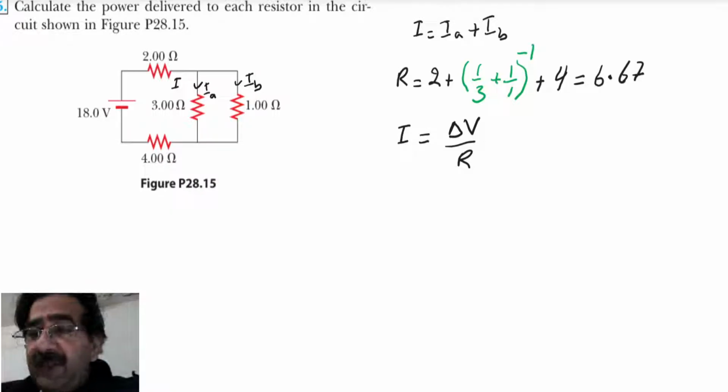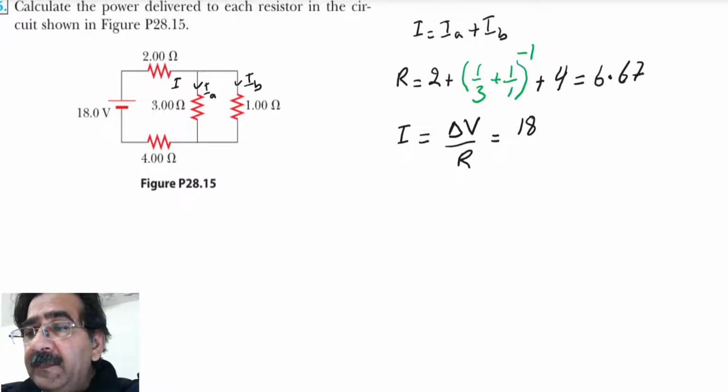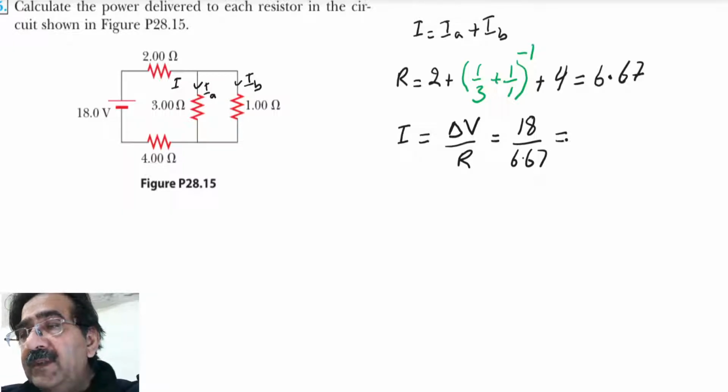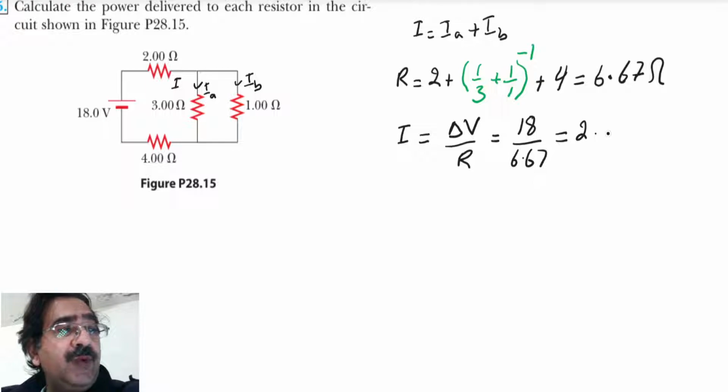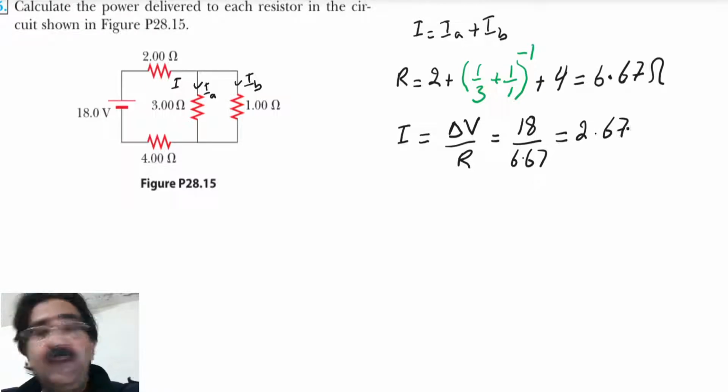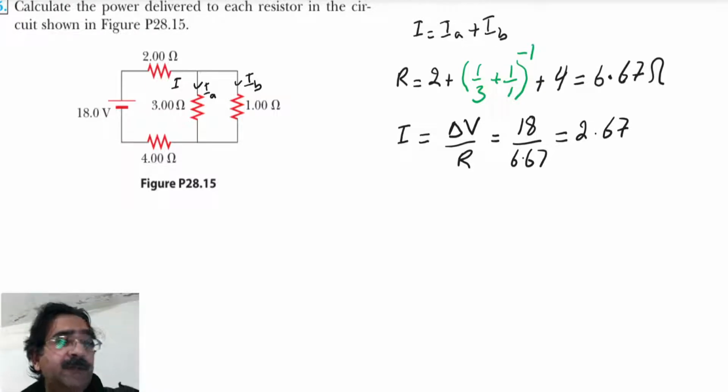So delta V is given 18, and the total resistance is 6.67 ohm. By calculating, this will be equal to 2.67 amperes.